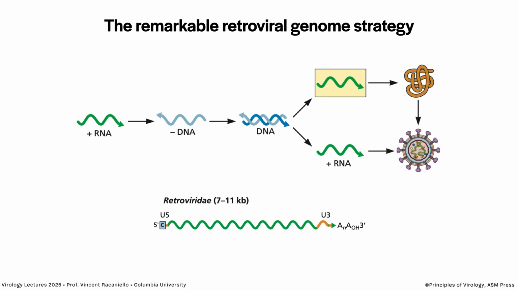And so these are all obligatory steps, the synthesis of double-stranded DNA and integration into the host. So the genomes of these retroviruses are shown here. They're basically mRNAs produced by the integrated DNA. I'm going to talk more about these later.